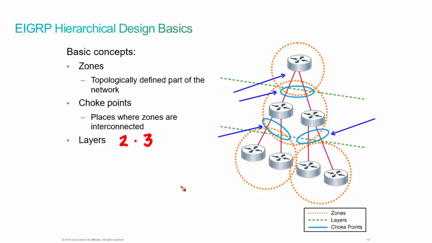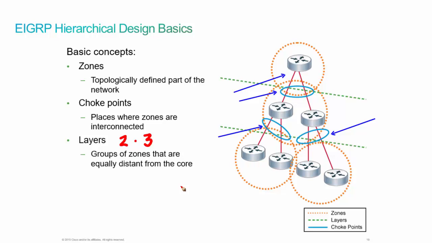But for traffic engineering, usually we'll see 2 layers. So a layer is just a group of zones that are equally distant from the core area of the network.